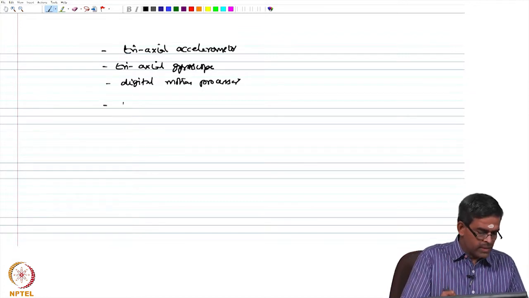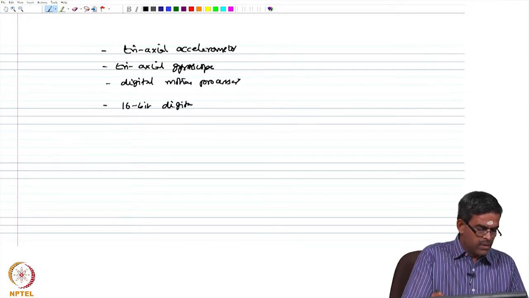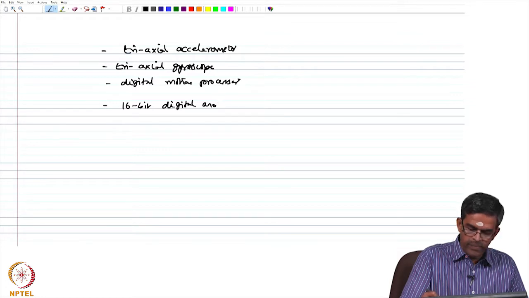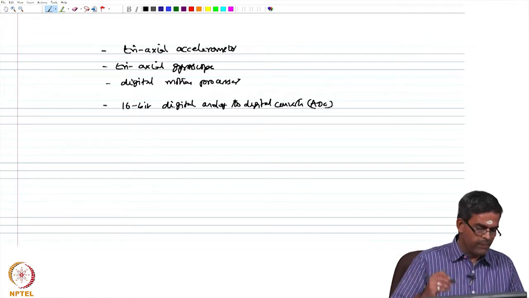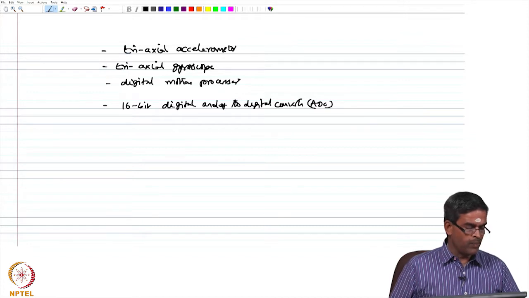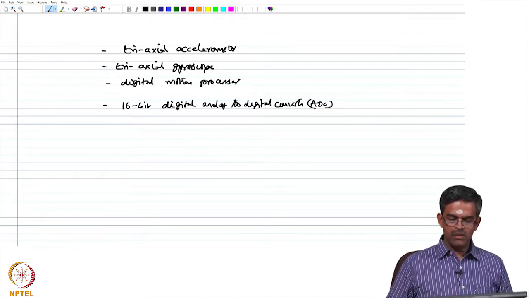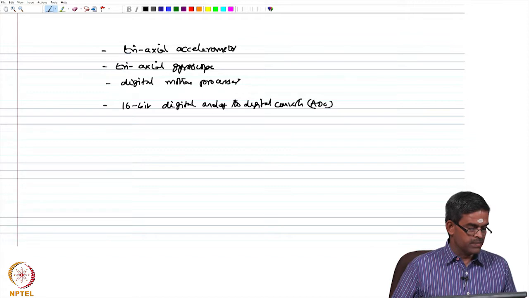It also has 16 bit analog to digital converters, that is ADC, for digitizing the output received from the accelerometers and the inclinometers.